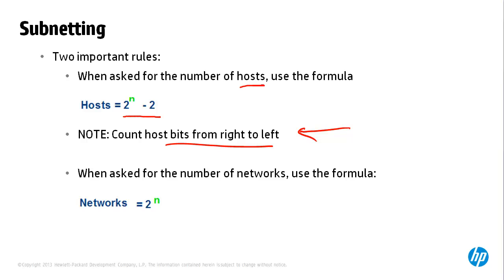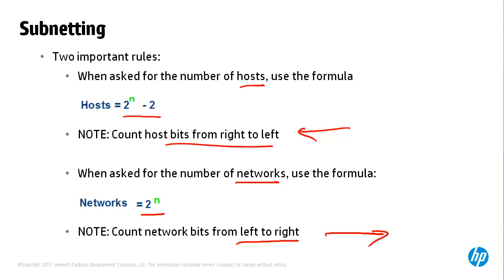When asked for the number of networks, use the formula 2 to the n. Notice there is no minus 2. And also remember to count the bits from left to right. This can often get confusing. Please remember, formula for hosts is 2 to the n minus 2. Formula for networks is 2 to the n.